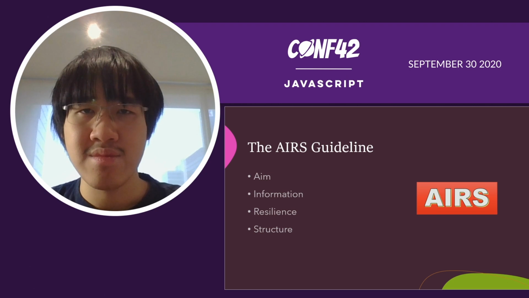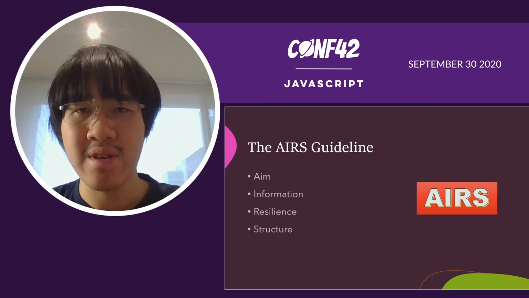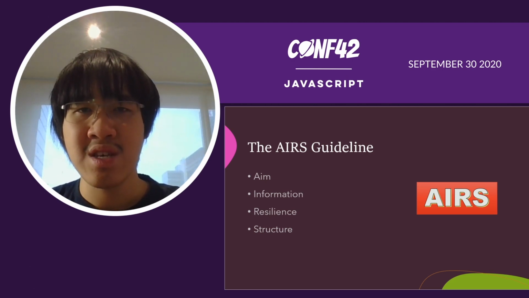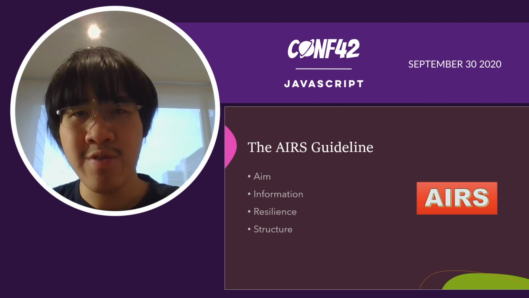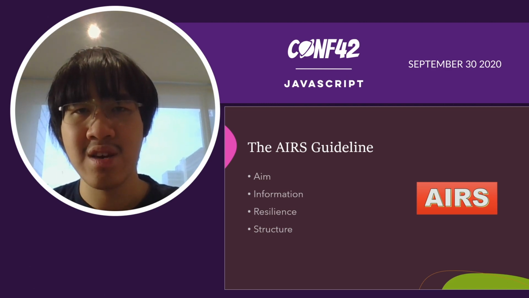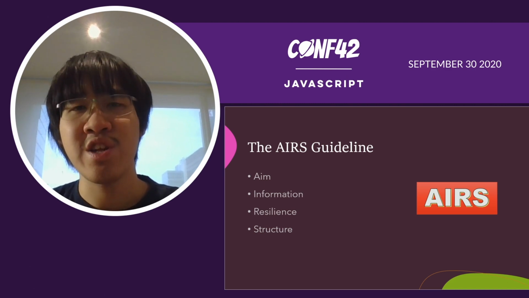Information. What information do you want to display in the graph? You need to think about the types of information that you can display, because each type of information can have different thresholds and different types of measurements that you need to put in place. For example, say you want to visualize temperature data or particulate matter data or the number of HTTP error responses.